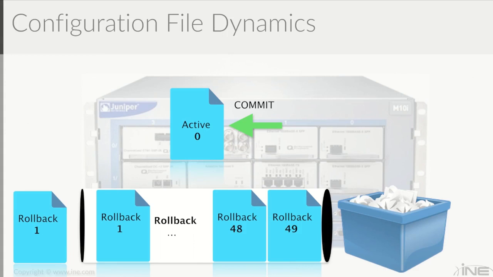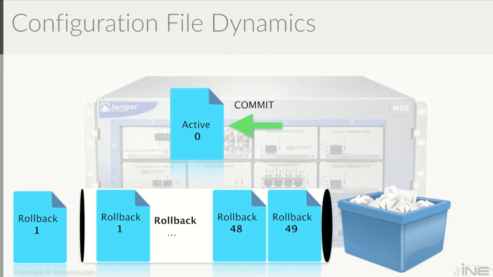What this means is the Juniper device will store a copy of the old configuration in case you need it back. You can always restore to the previous configuration, and not only to one previous configuration, but to 50 of them.